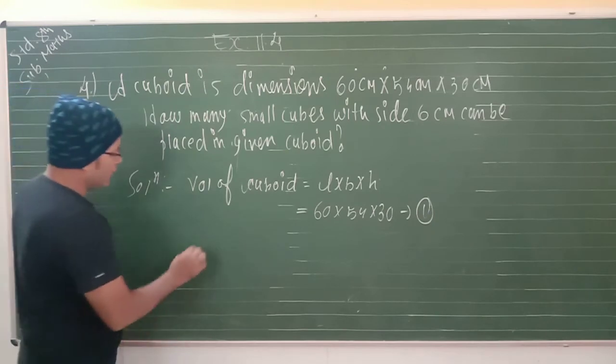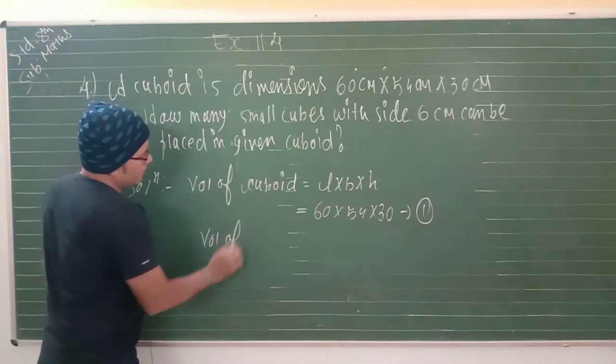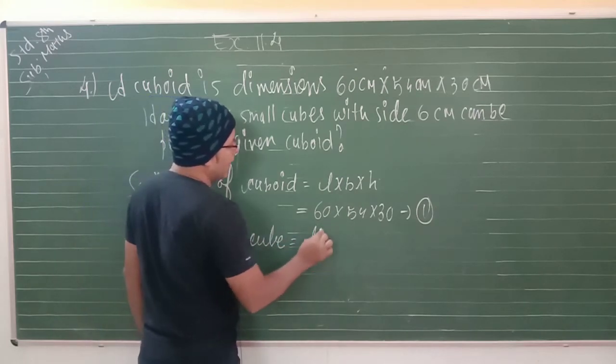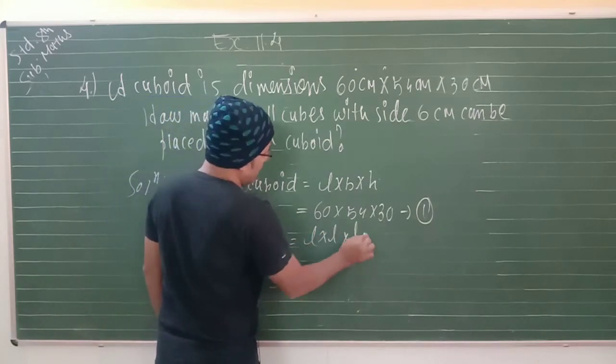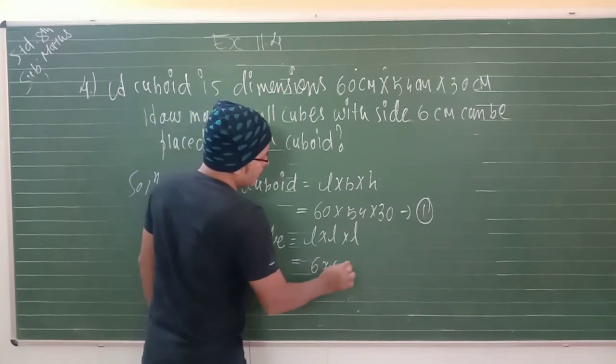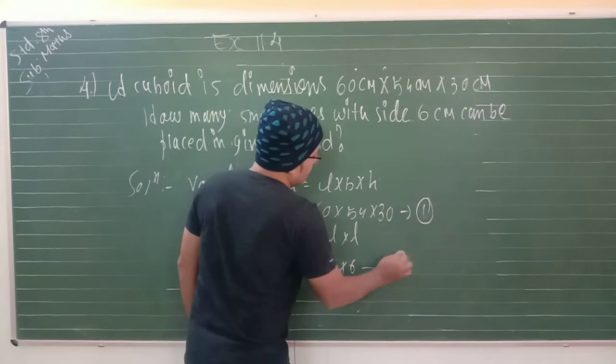Now volume of cube is equal to L into L into L is equal to 6 into 6 into 6. Result number 2.